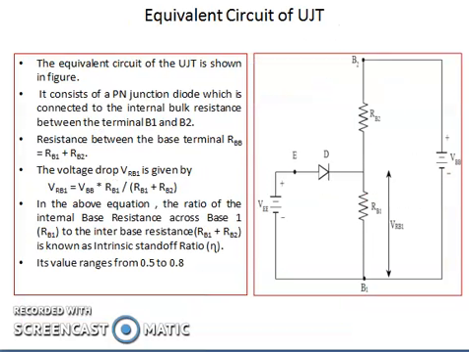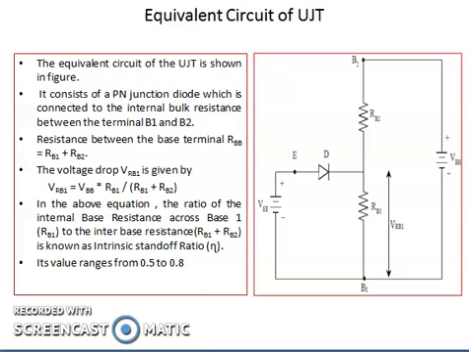The equivalent circuit of a UJT is shown in the figure. For any electronic device, whenever we want to make an analysis, the equivalent circuit diagram will be very useful. From the equivalent circuit of the UJT, we can easily understand how it behaves and how it operates for the input and output conditions.